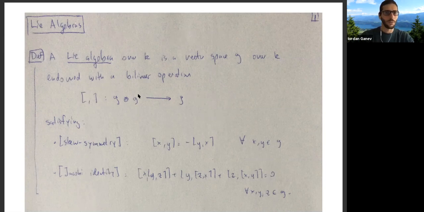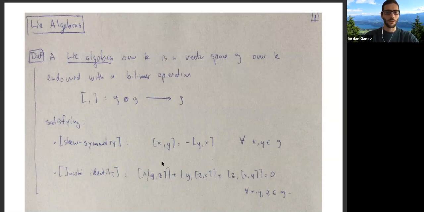All right, so Lie algebras. First of all, what's a Lie algebra? Maybe some of you are already familiar with this definition. It's a vector space over K, where K continues to be an algebraically closed field. And we have a bilinear operation from G tensor G to G. This operation satisfies two properties.